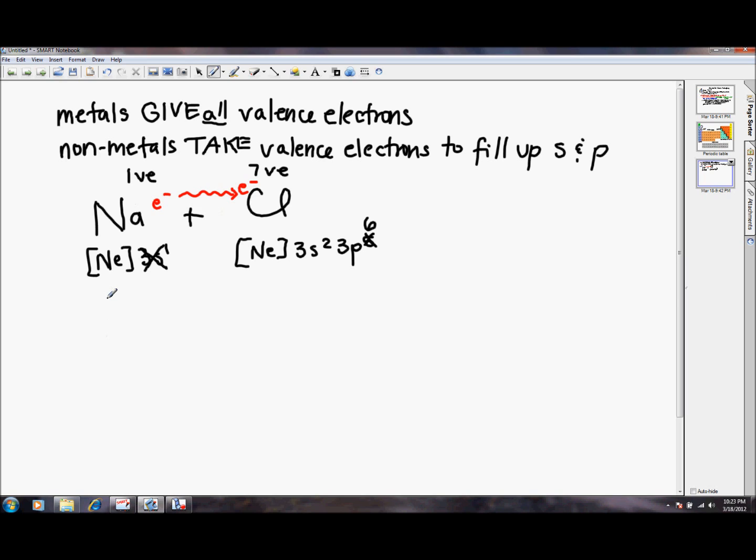Sodium is atomic number 11, so that means it has 11 protons and 11 electrons, right? Chlorine is atomic number 17, which means it has 17 protons and 17 electrons.